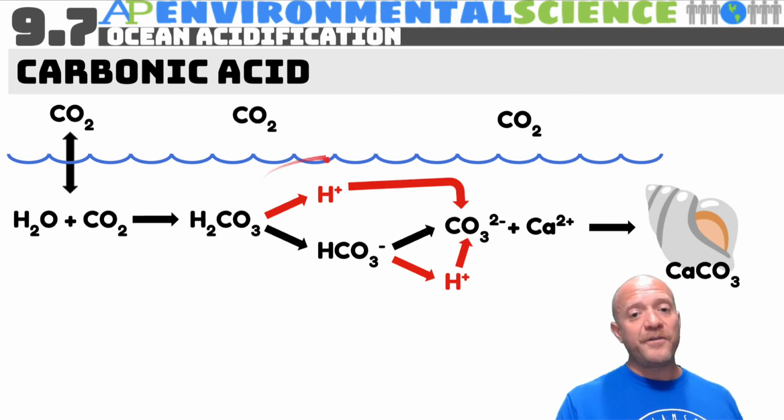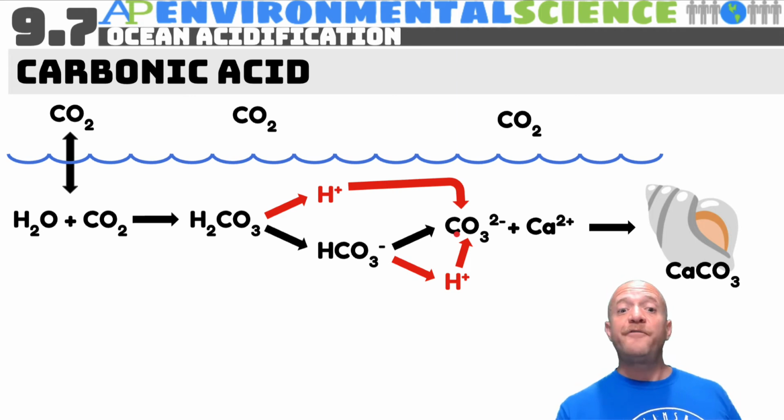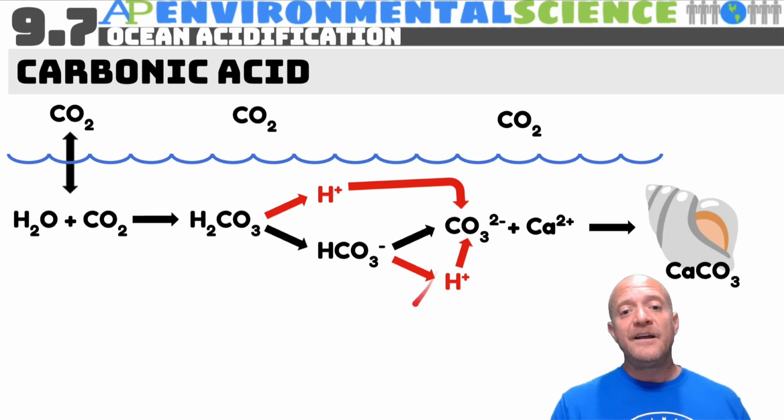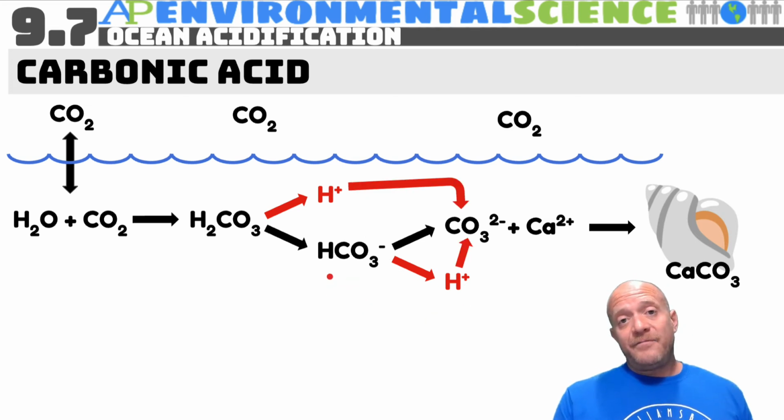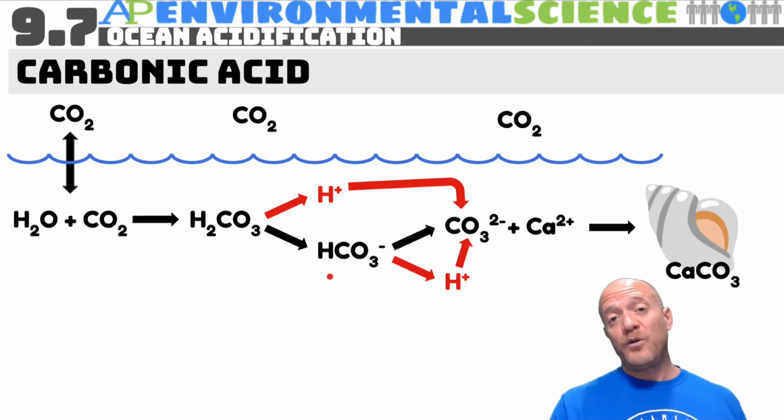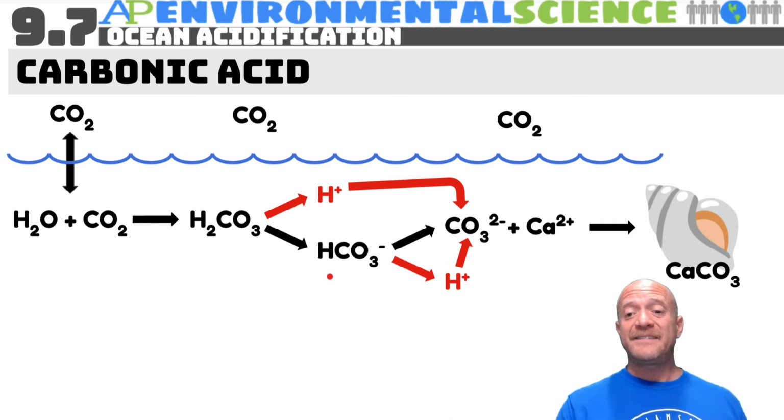Also, they could bind with the CO3 and reform carbonic acid again. So two of them can bind to a carbonate, and one individually could bind with the bicarbonate. Now, that's not normally a problem because there are enough of these ions present in the ocean that this cycle will still produce calcium carbonate.